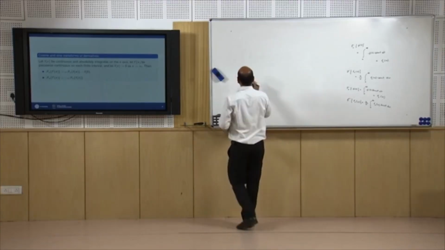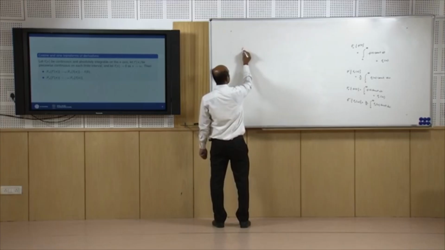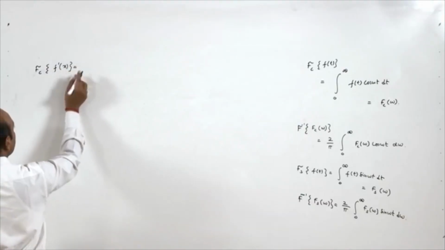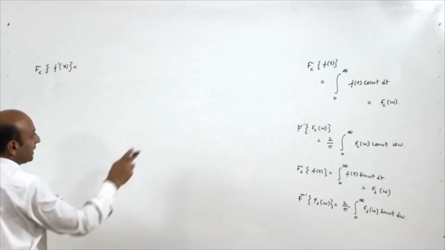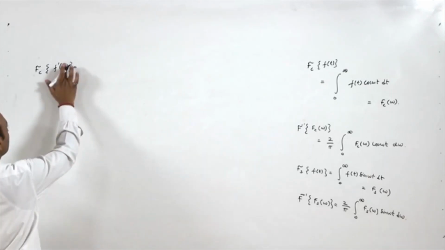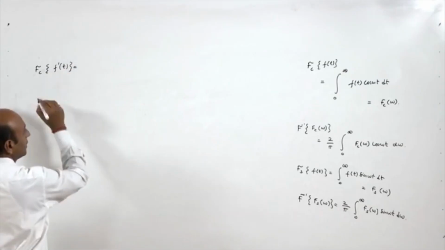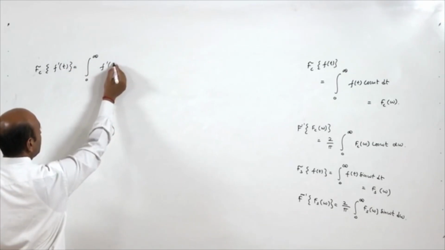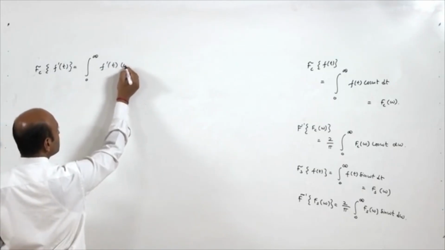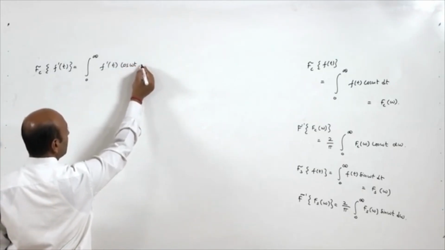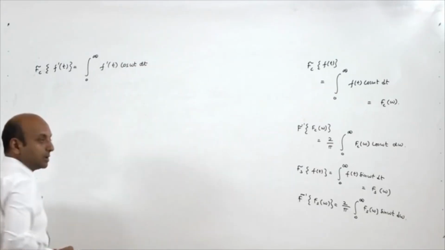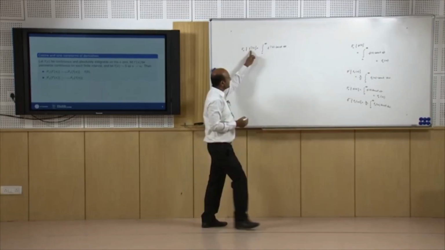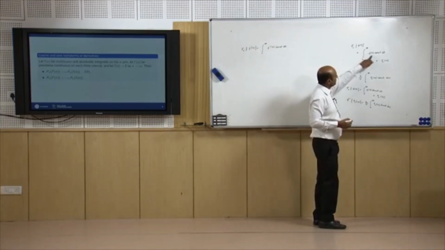What is the Fourier cosine transform of f'(x)? By the definition of the Fourier cosine transform, it will be the integral from 0 to infinity of f'(t) cos(ωt) dt. You simply replace f by f' in this expression.